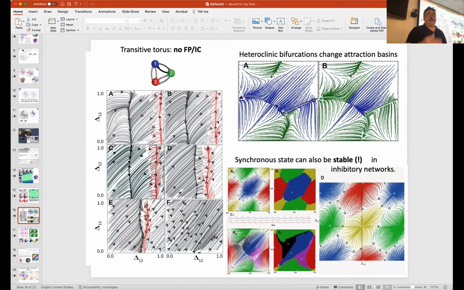So saddles are always behind global transformations, not local. When I say local, I mean saddle-node bifurcations and other things like the invariant circle that corresponds to torus bifurcation. And we had a challenge in the lab to create a configuration of the network where you don't have any fixed point whatsoever.